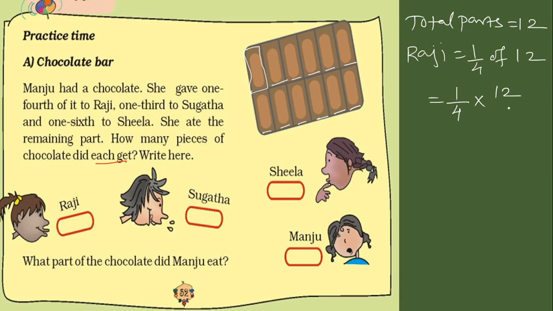Remember that whenever there is no number in the denominator, always take it as 1. So in cross you have to multiply: 4 1s are 4, and 4 3s are 12. 1 1 get cancelled. So the answer is 3. So Raji has got 3 parts.